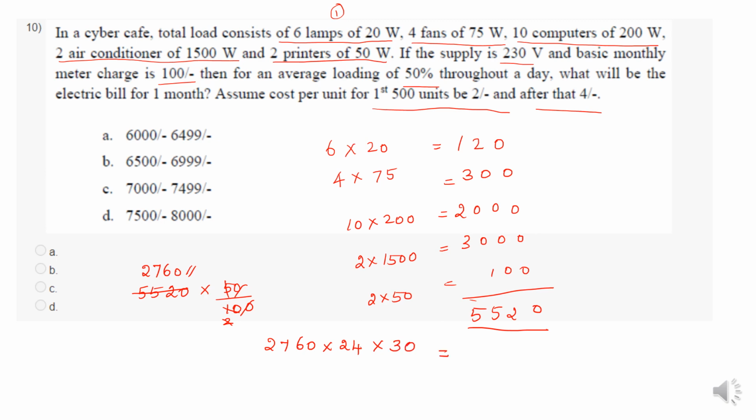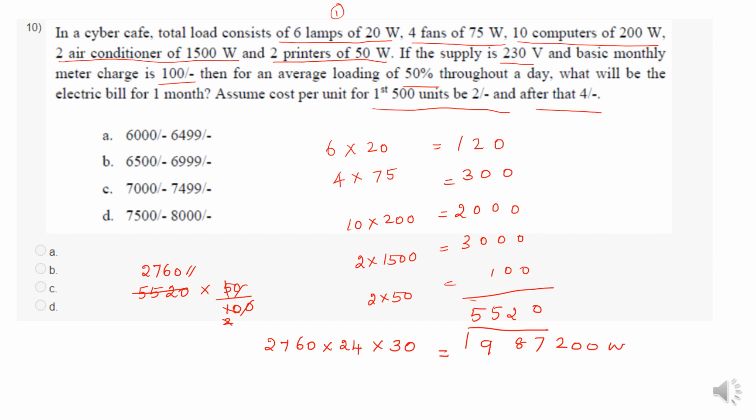So 2760 into 24 into 30, I have multiplied using a calculator, that is equal to 1987200. Okay, this is in watt hours.